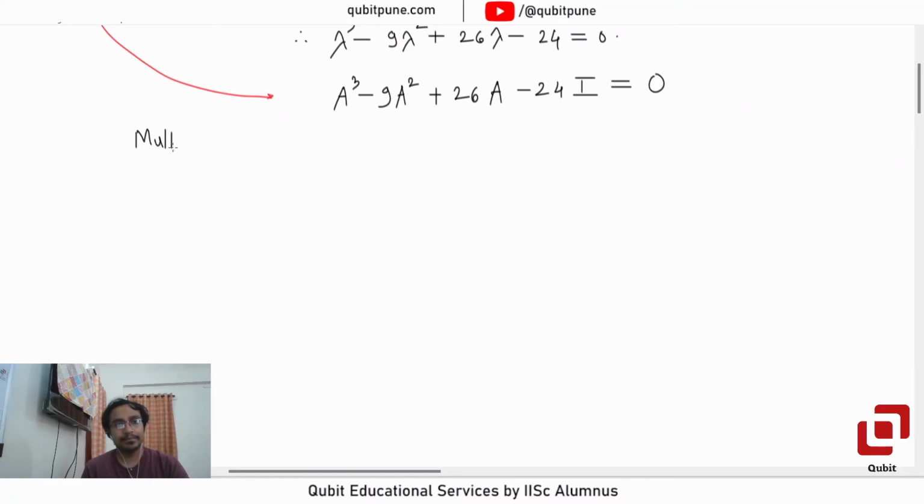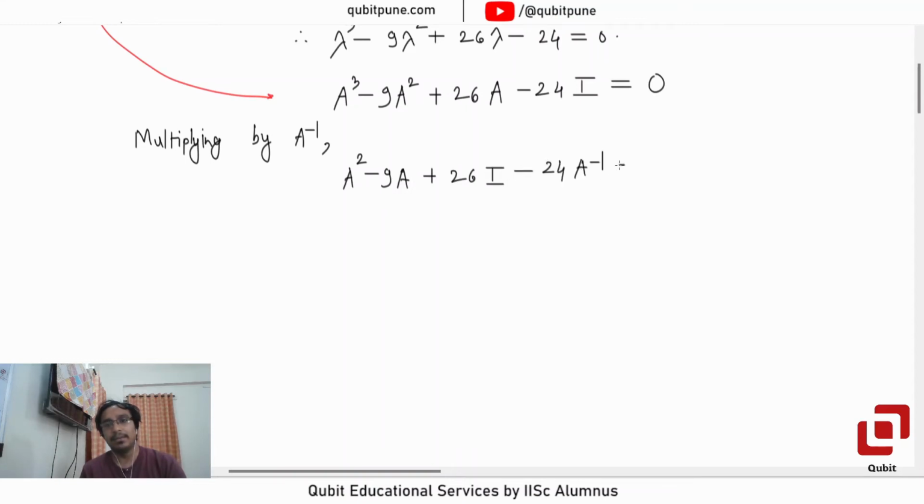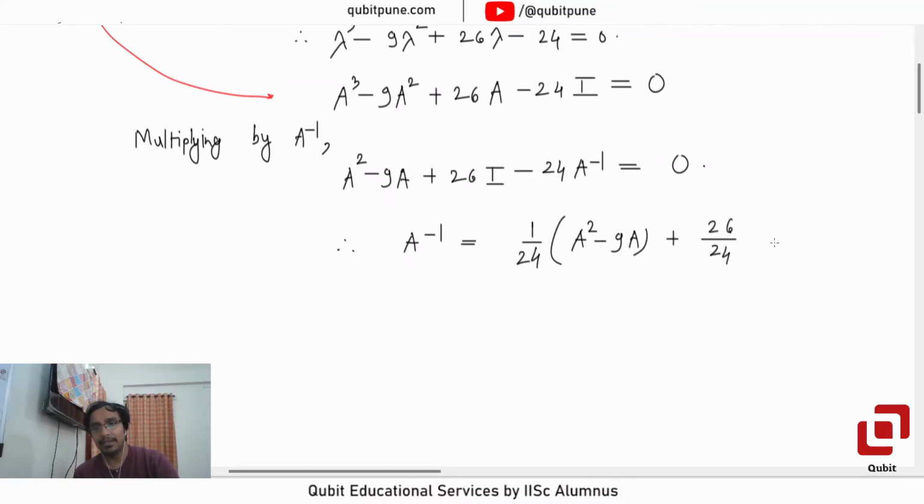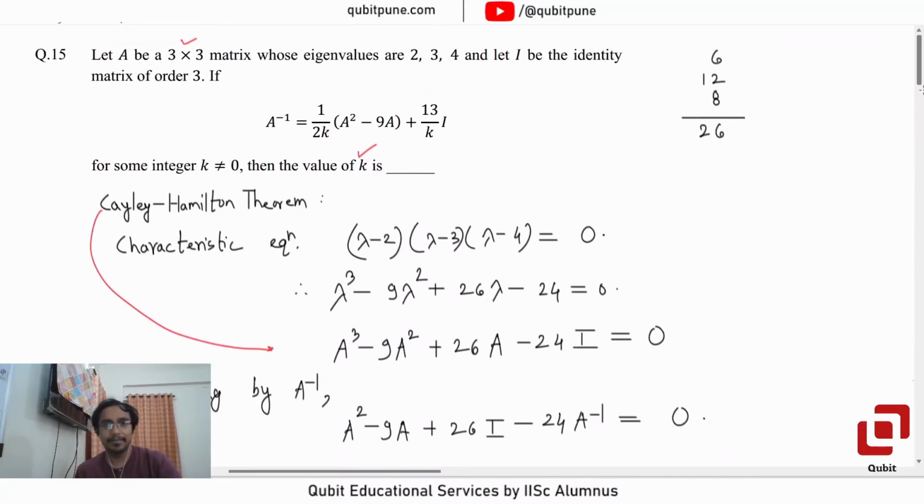So multiplying by A inverse, we get A squared minus 9A plus 26I minus 24A inverse equal to the null matrix. Shift 24 A inverse to that side and divide by 24. So we will get A inverse equal to 1 upon 24 A squared minus 9A plus 26 by 24 into the identity matrix.